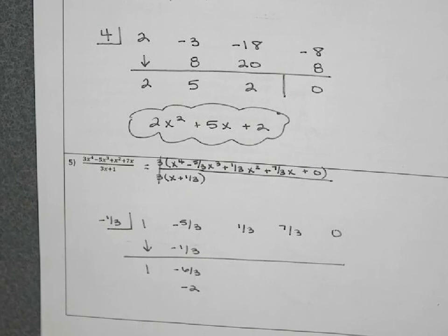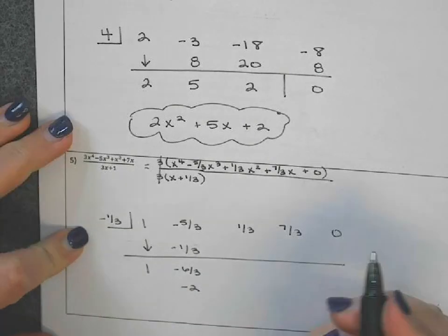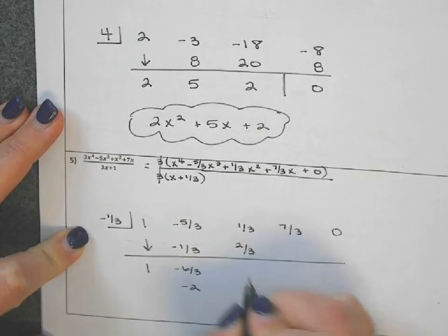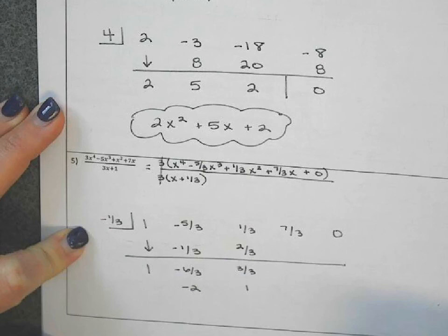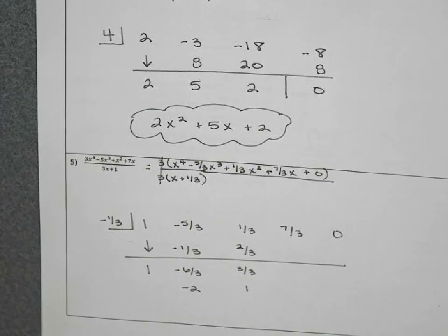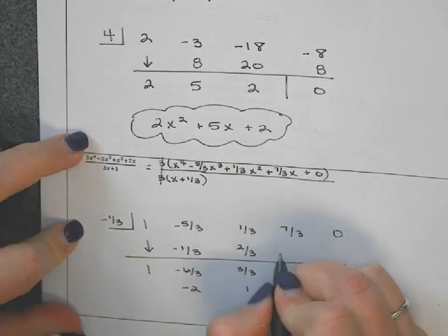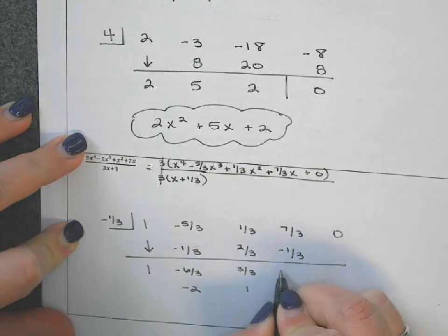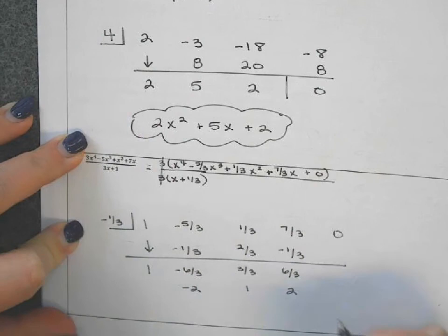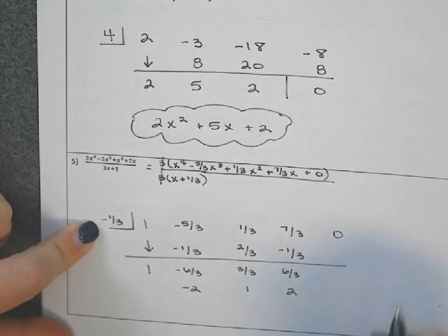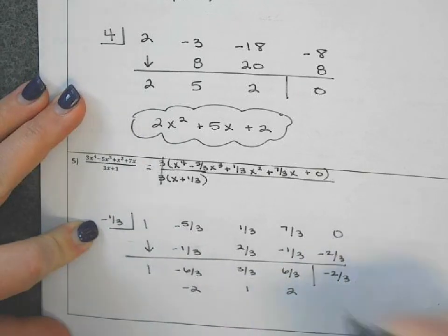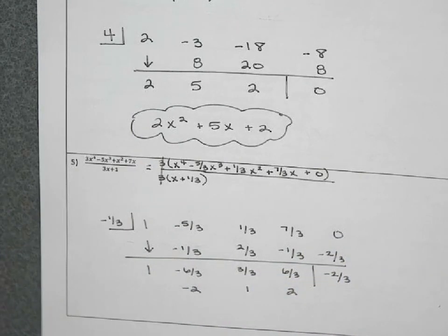Now not only are we adding fractions, but then we're going to have to simplify fractions. -2 times -1/3 is going to be a +2/3. 2/3 and 1/3 is 3/3, which is actually 1. 1 times -1/3 is -1/3. 7/3 minus 1/3 is going to be 6/3, which is 2. 2 times -1/3 is going to be -2/3, which is -2/3 will be your remainder.